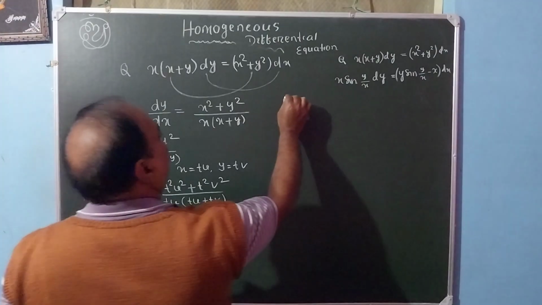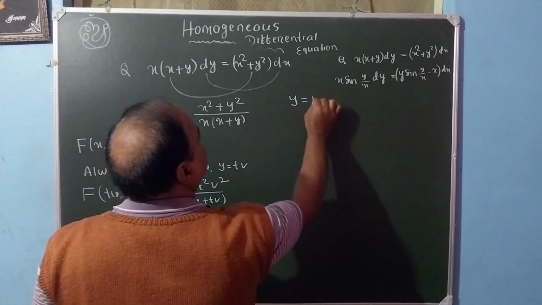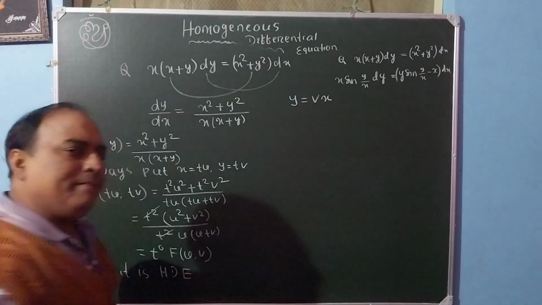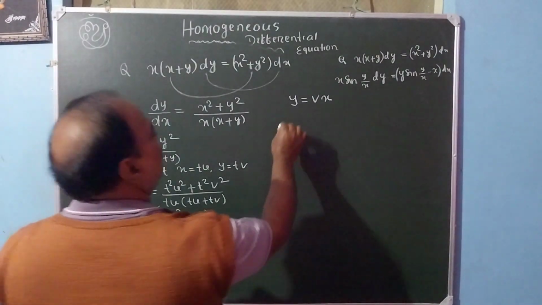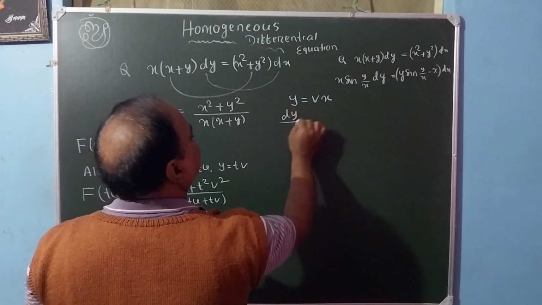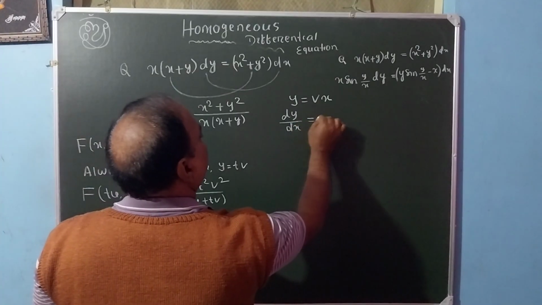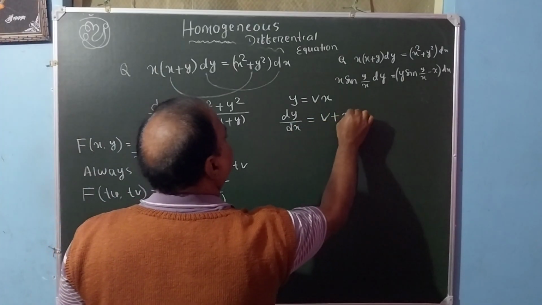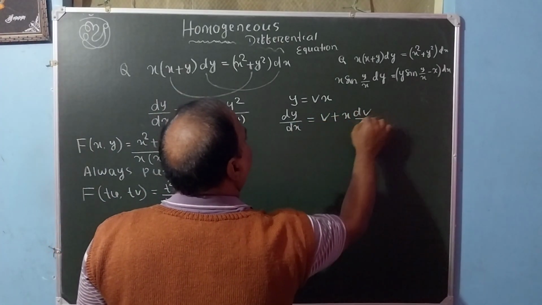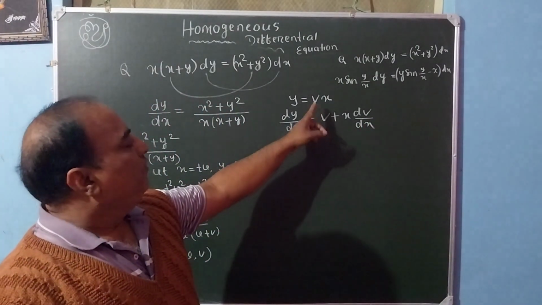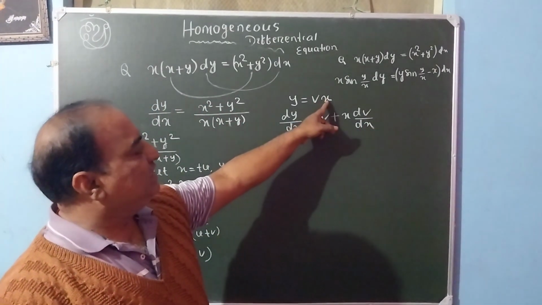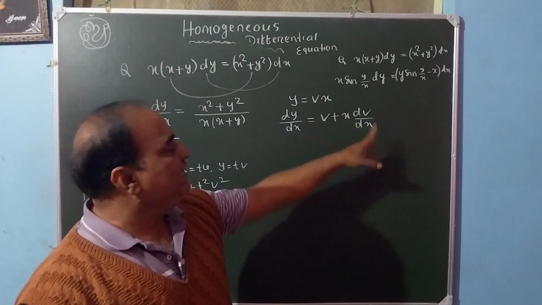Once you take this, differentiate on both sides with respect to x. So dy by dx is equal to v plus x dv by dx, applying the product formula: v times the derivative of x is 1, plus x dv by dx.